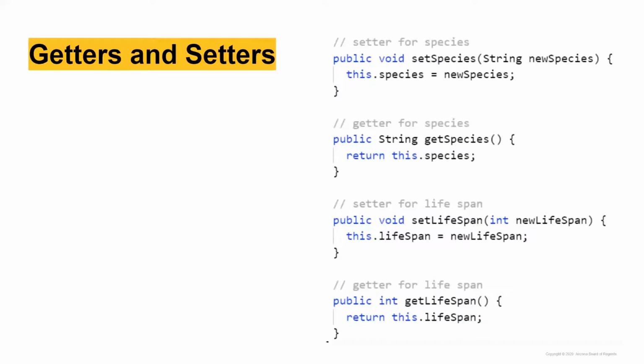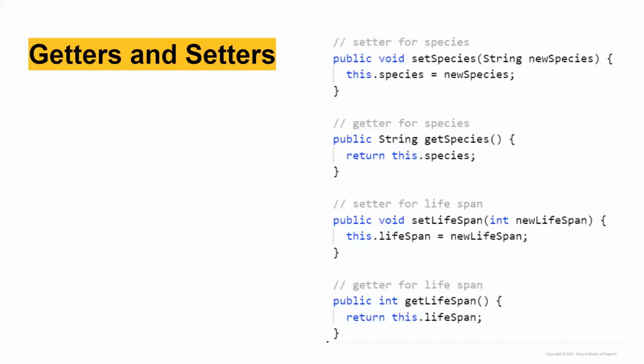So the setter for the species is public void. I'm going to call the method setSpecies so we know what we're talking about. And it's going to pass in a string that we're calling newSpecies. And that string is just going to be whatever you want the species of whatever object you're editing to be. So again, I'm going to use the this keyword. Again, it's not completely necessary, but I like to be consistent.